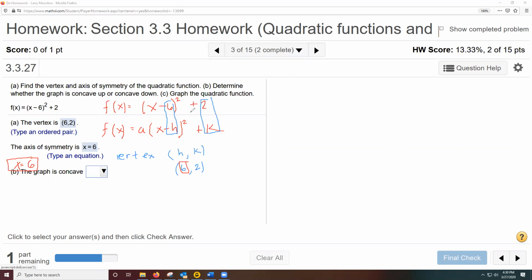Now, in our example, I don't have an a, but I'm going to just put a 1 in front. So our a is 1. But notice that's a positive number. When that number a is positive, it tells me the graph is concave up. So I know the answer to this must be concave up.